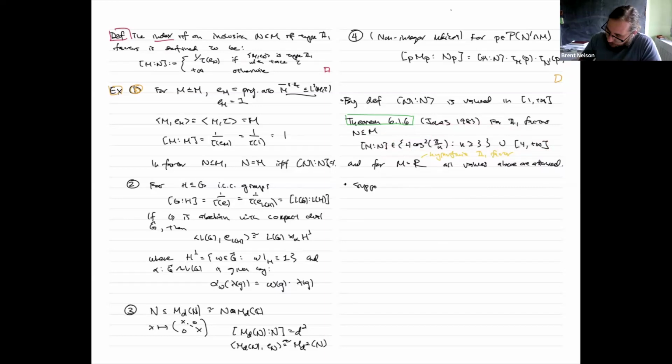So let's suppose that we're in the case where our index is finite. Then by definition of the index, that means our basic construction is a II_1 factor.